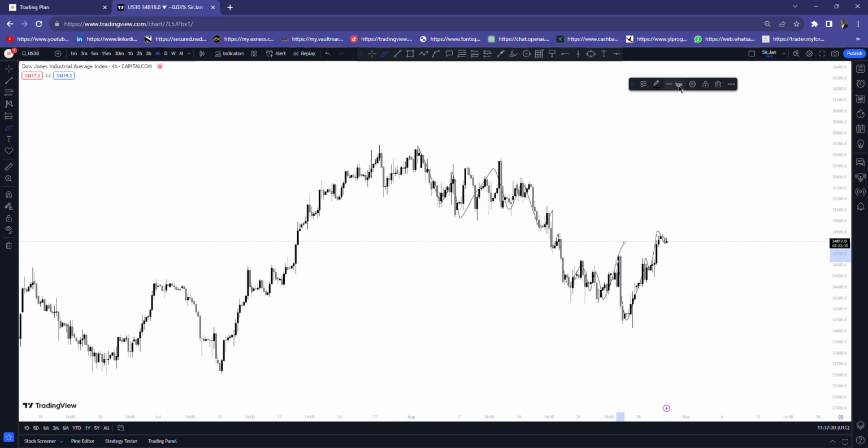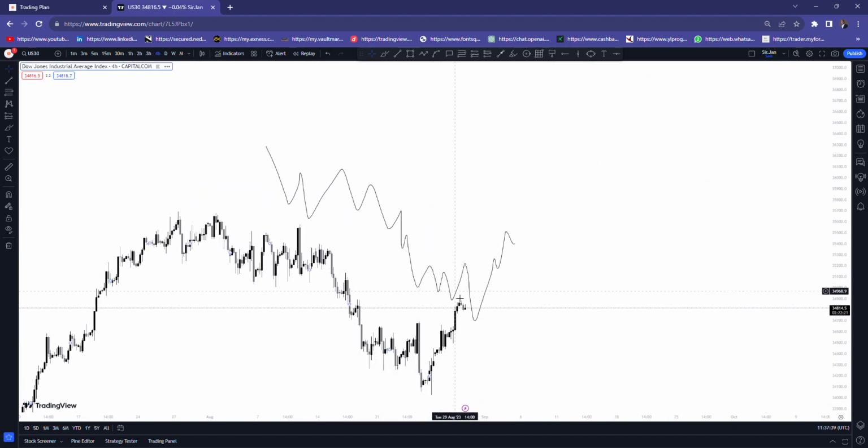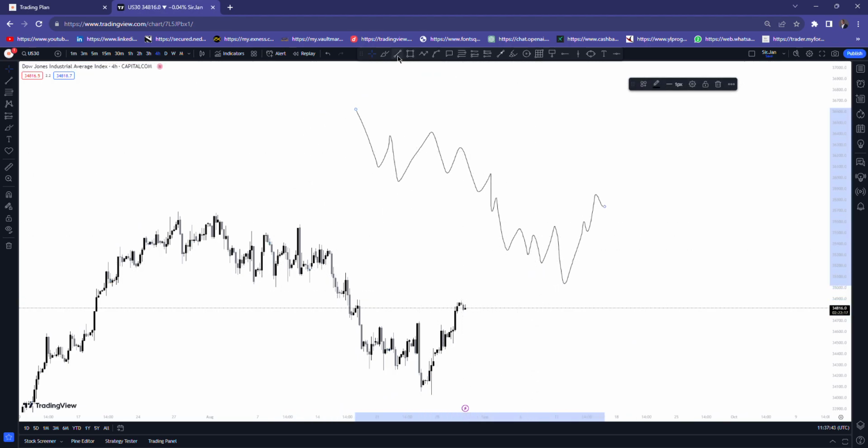So yeah, quick one. I just wanna move this. We had a nice bearish structure. Up until here, we have a break of structure just here.